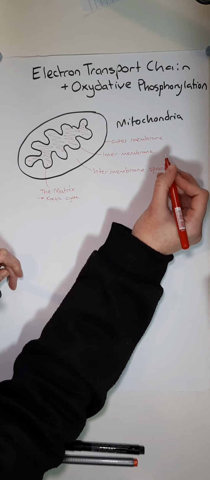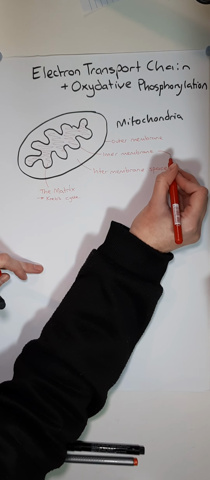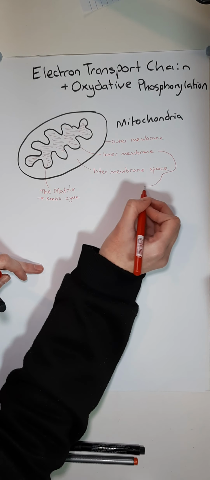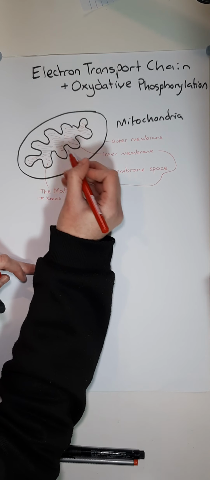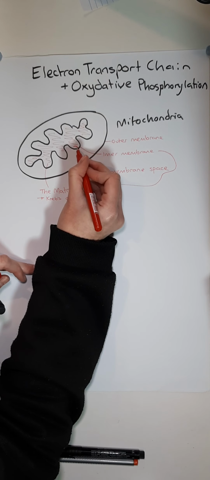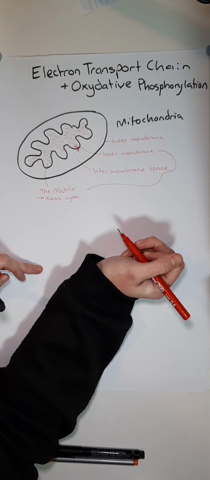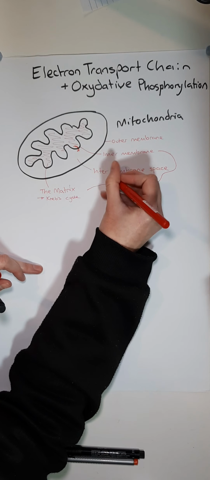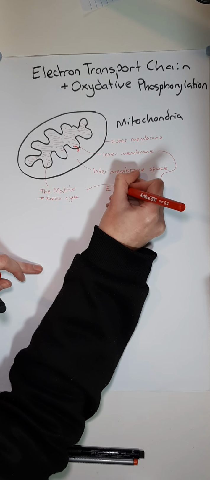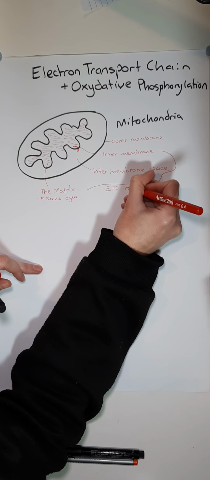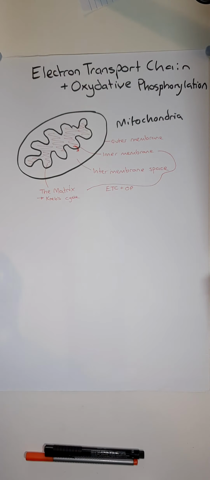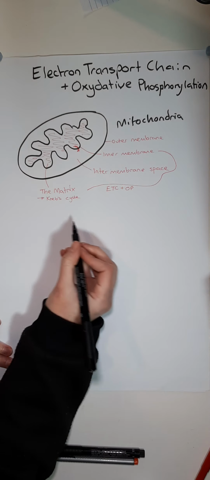Those are happening between the inner membrane, the intermembrane space, and the matrix. So we're going back and forth across this membrane to make it all happen. So this is where the ETC, we'll call it, electron transport chain, and OP, oxidative phosphorylation, is happening.